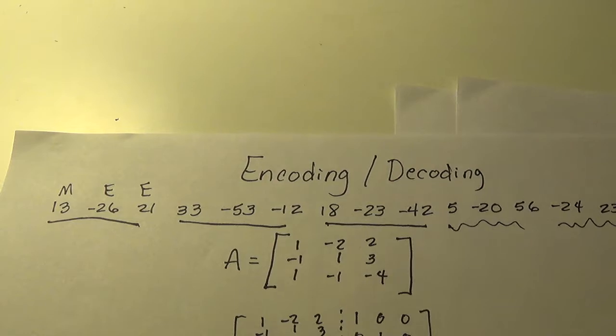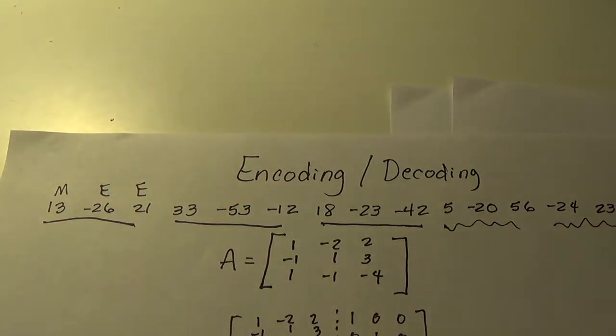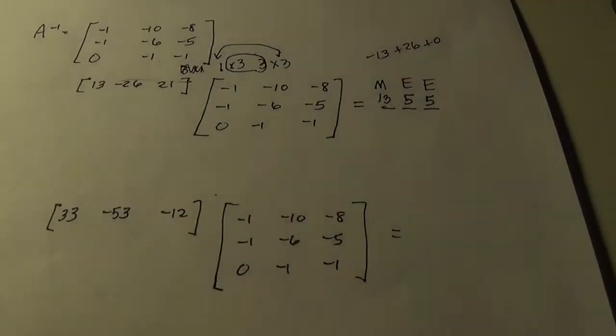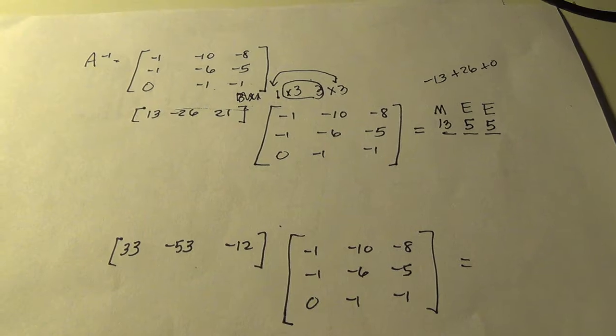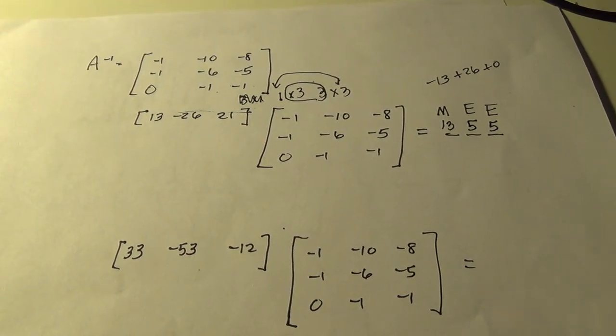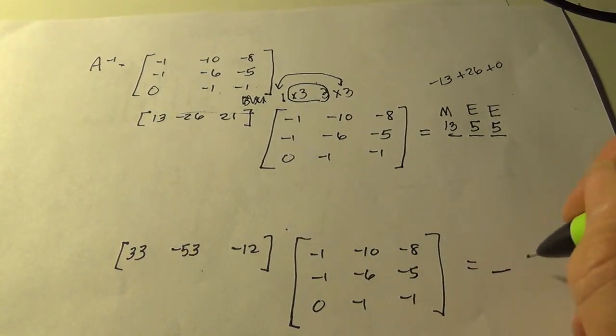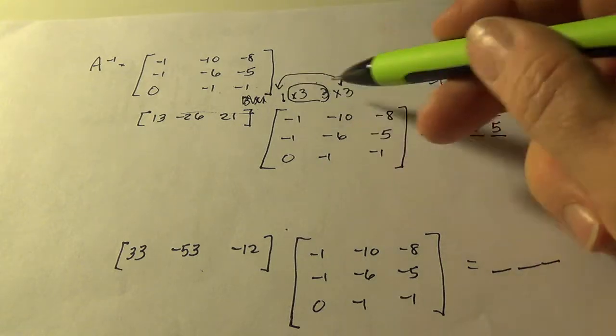Alright, so taking the next set of 3, I've got a 33, a -53, and a -12. So I have that set up here. And once again, I'm going to get 3 spots because I have the same size.